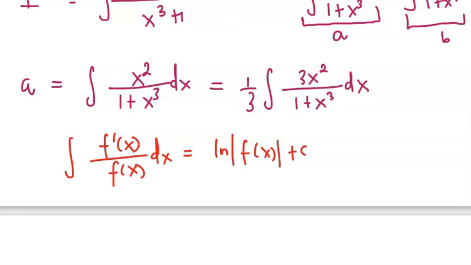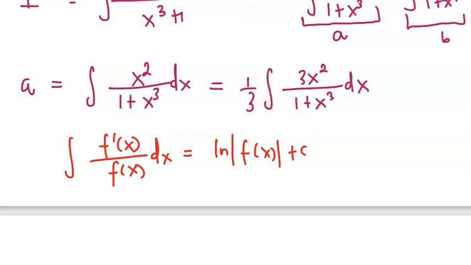If you take a very good look at this integral, you will find out that the derivative of the bottom will give us this numerator. You get the idea, right? The derivative of 1 plus x cubed will give us 3x squared.